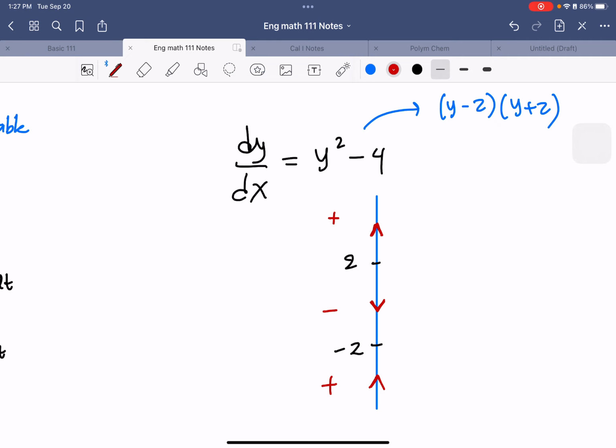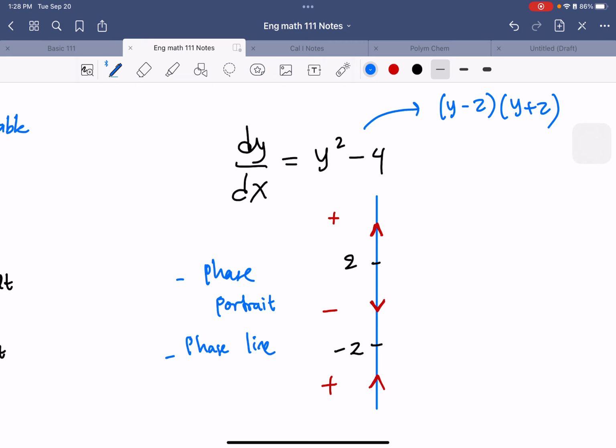And now we have what is called the phase portrait, just a review. This is called the phase portrait or phase line. This is the other name. And from here, it goes up, goes down, so they are going far away.